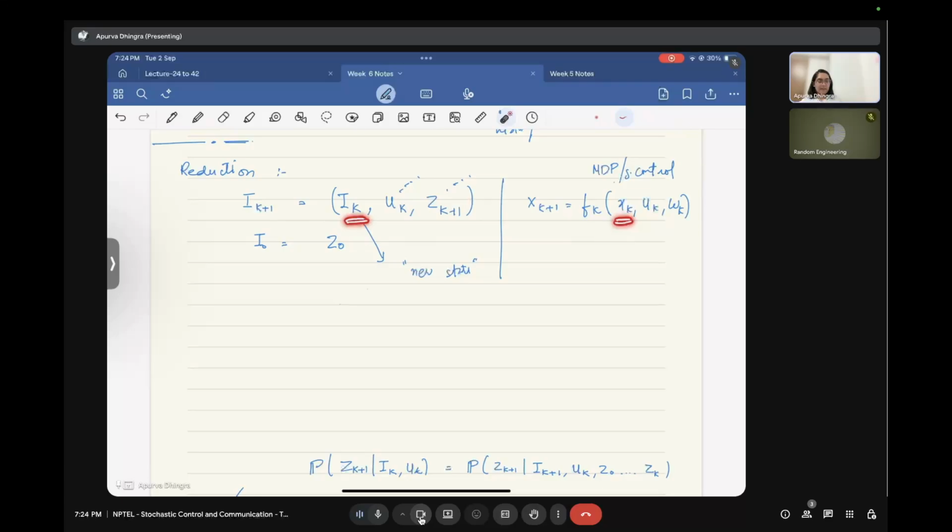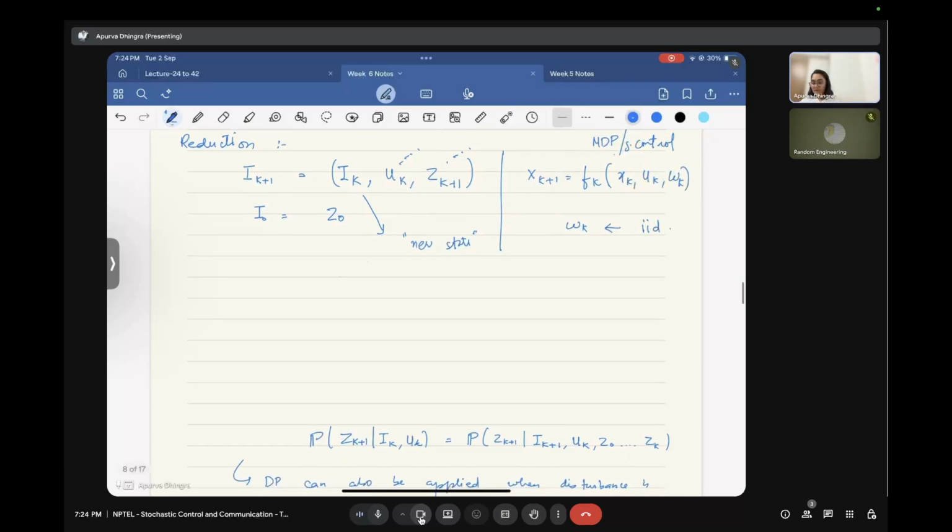Ik is behaving like the new state, which means all that is left is the randomness component. But if you recall, most of the time we assume that the wk's are IID, or at least independent of each other.